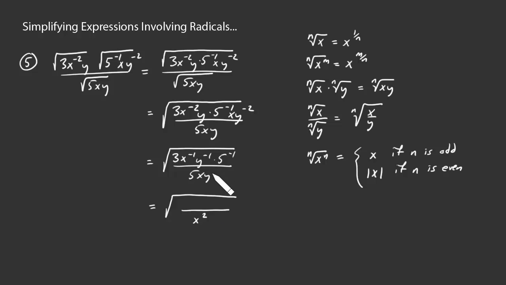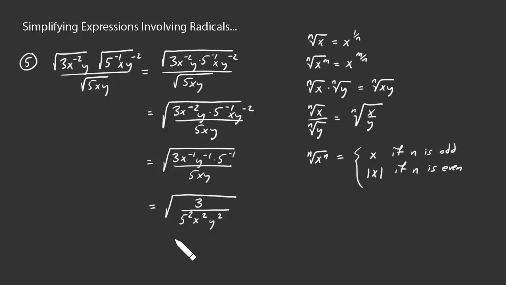That's y to the negative 1 minus an understood 1. That's y to the negative 2, which puts it in the denominator. Again, the other way to think about this is you're just moving across the fraction bar, changing the sign on the exponent, and then they combine. The 5 to the negative 1 also comes down to combine with the 5 that's already there to give us 5 squared. And the 3 is still left there.